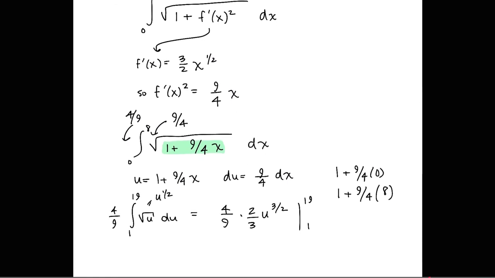I'm going to go ahead and handle this. We got 8 over 27, we'll pull that out, and 19 to the 3 halves minus 1 to the 3 halves, which is just 1. Okay, can I easily compute what that is arithmetically? No. A calculator would need to approximate what 19 to the 3 halves is.